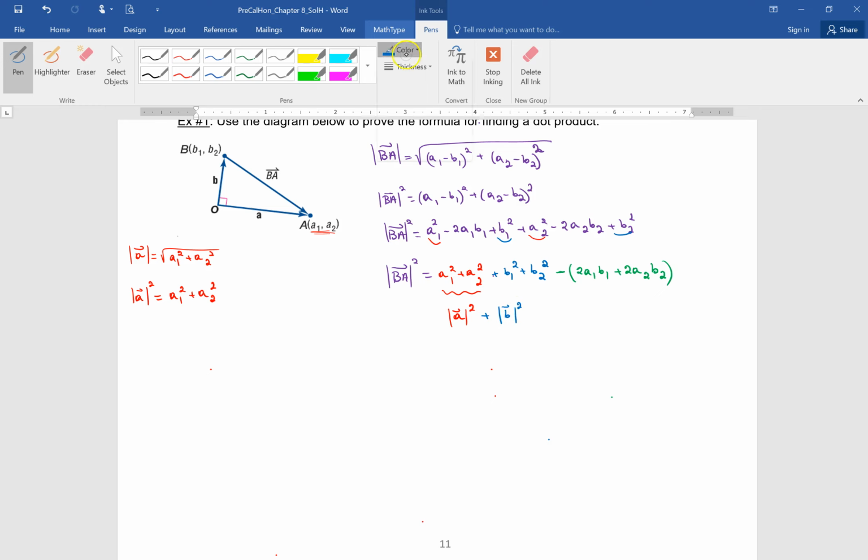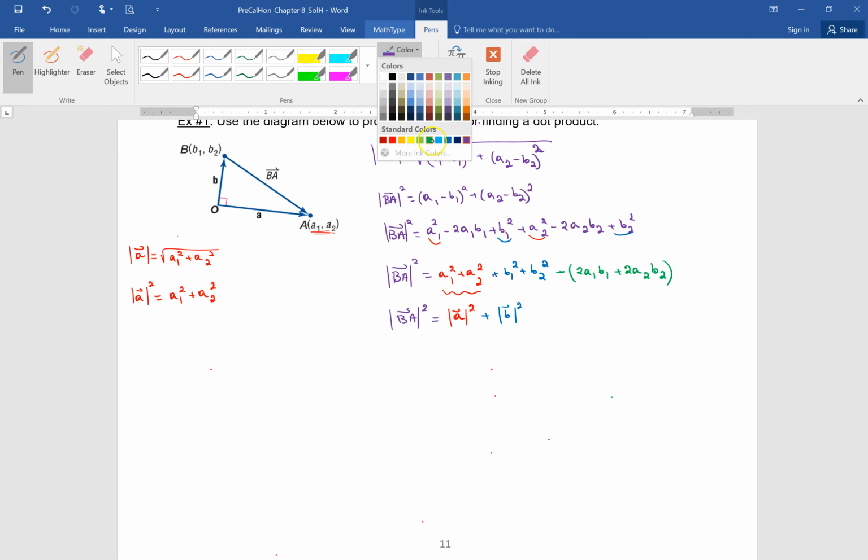Now, look at this like your Pythagoras. Look at this triangle. What's the Pythagorean theorem? Magnitude of A squared plus magnitude of B squared is magnitude of BA squared, except you've got that ugly stuff over there.